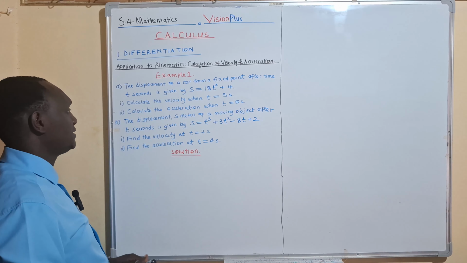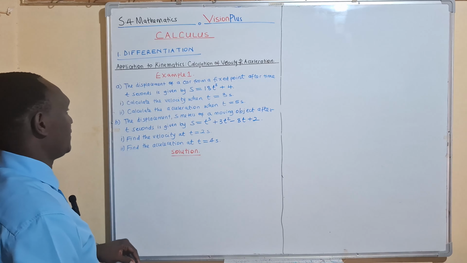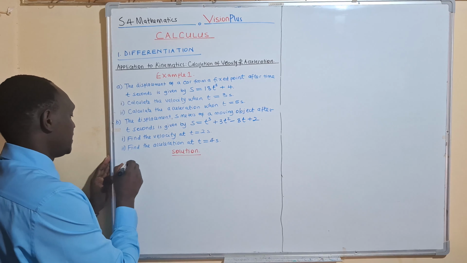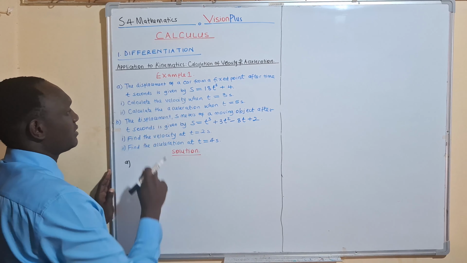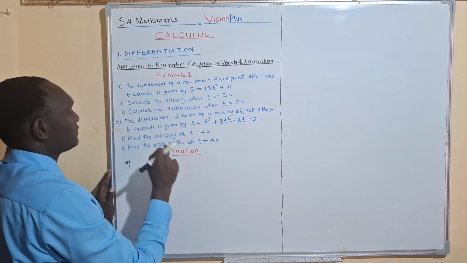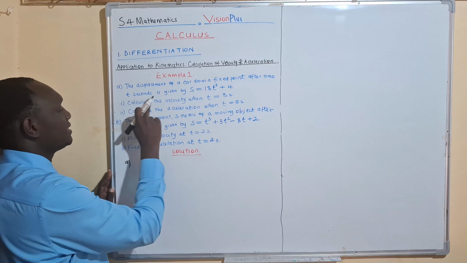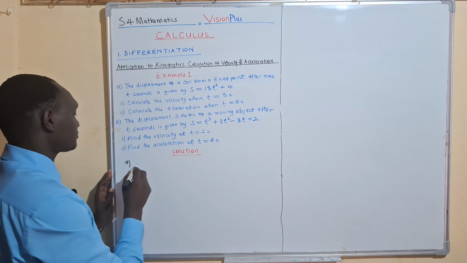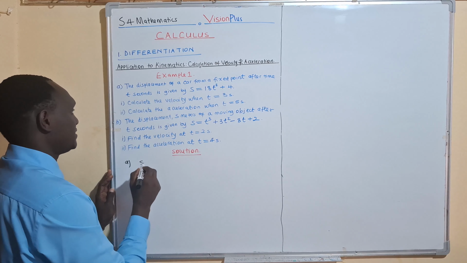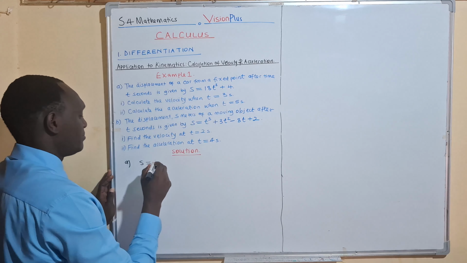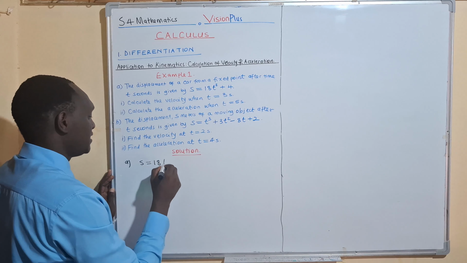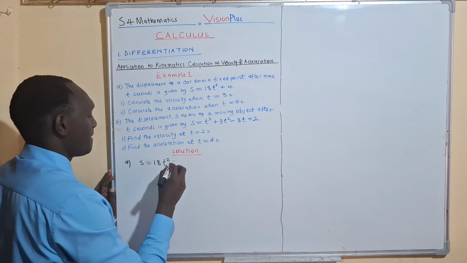Example 1, Part A. The displacement of a car from a fixed point after time t seconds is given by s equals 18t squared plus 4.